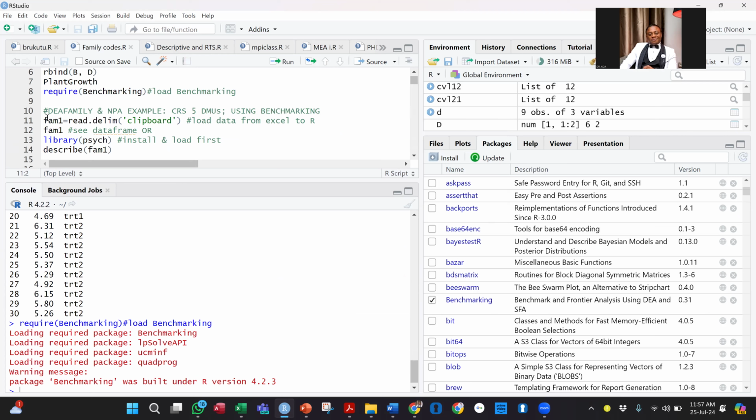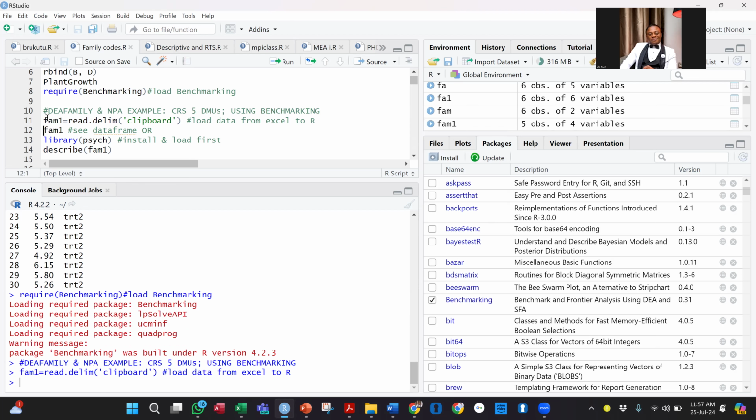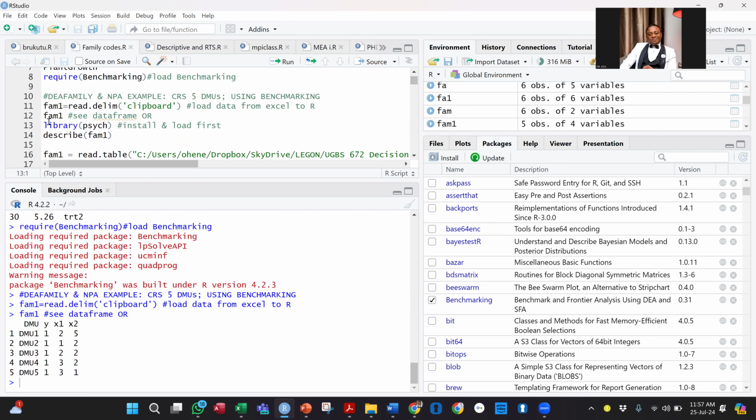I call the name of the data Farm1. I just did that. To see the results, you can run the next command. And you can see that the data is nicely in R at the bottom.